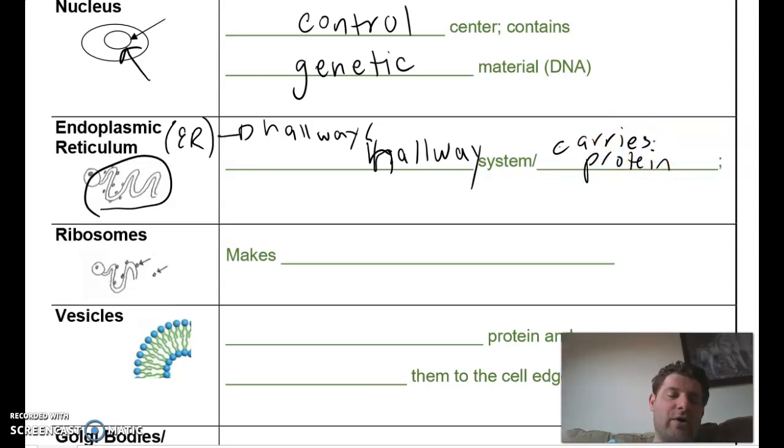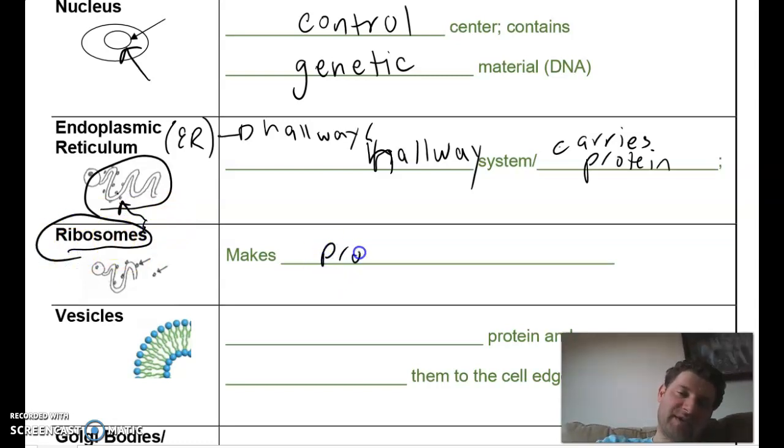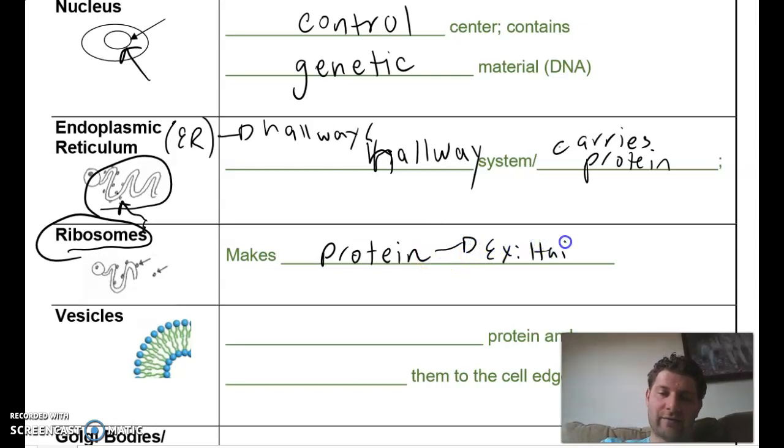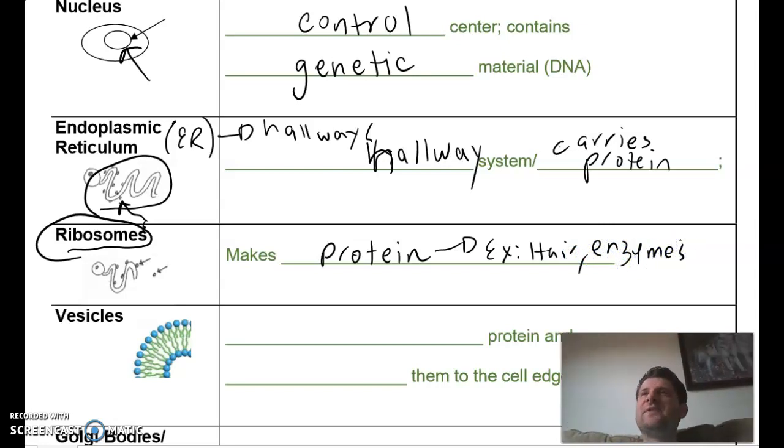Notice that they have some dots here. Those dots are called the ribosomes, and the ribosomes make protein. Protein is like things like your hair and enzymes. These are all things that go along with the ribosomes.